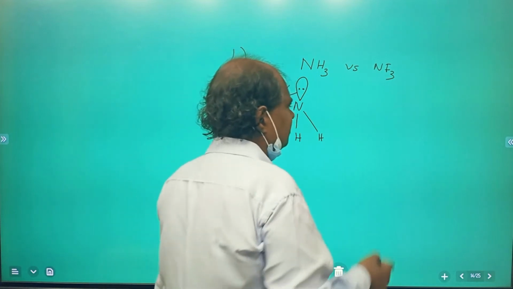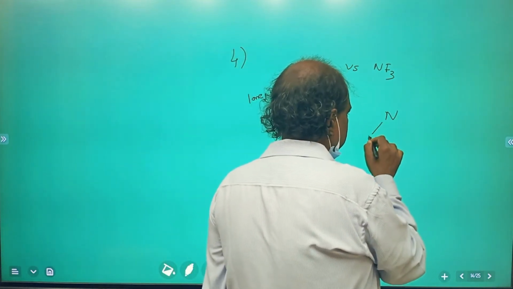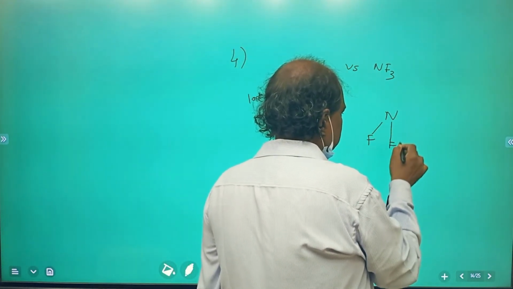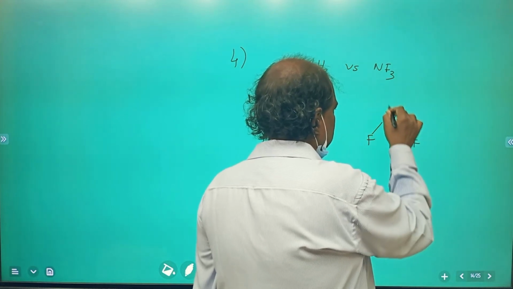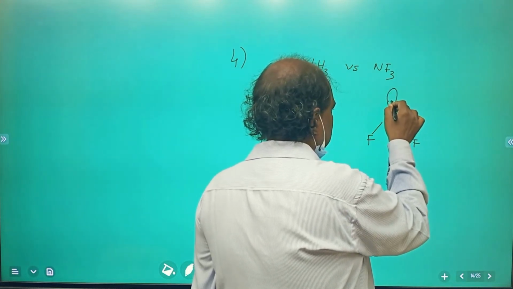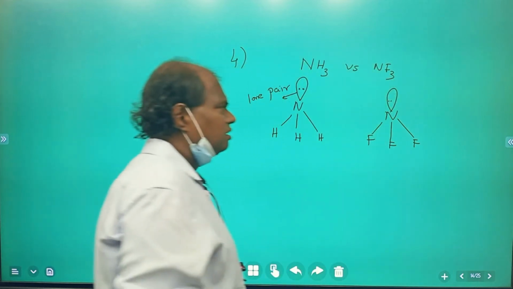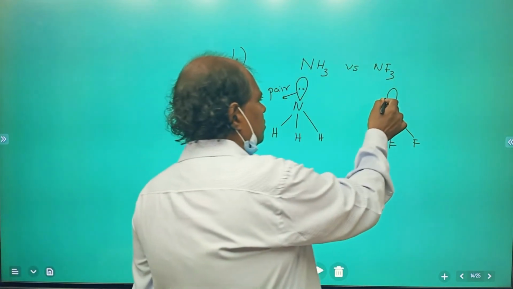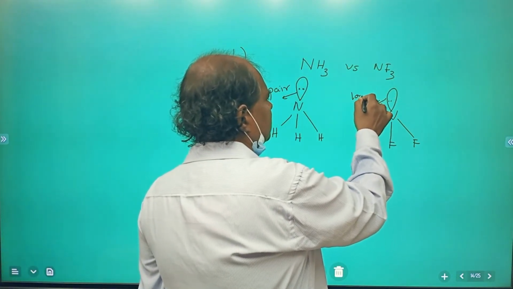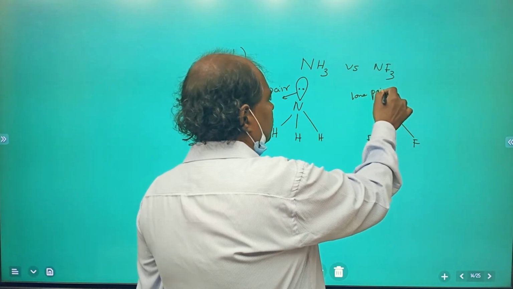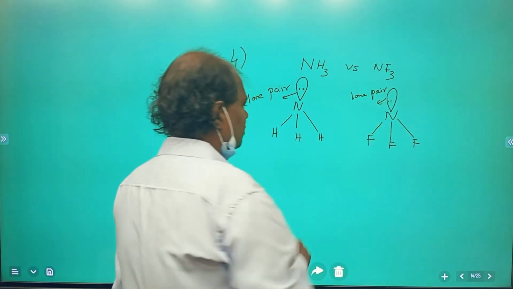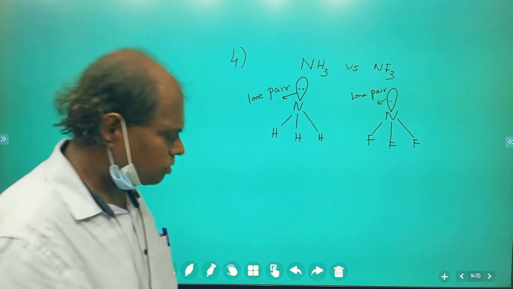The same thing I'll draw for NF3. Okay. Same thing, lone pair is there here also. Now the question is, which will have more dipole moment?